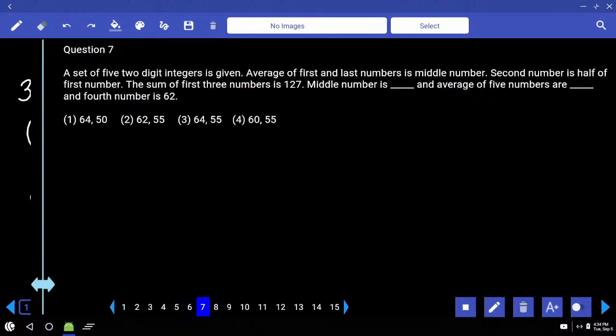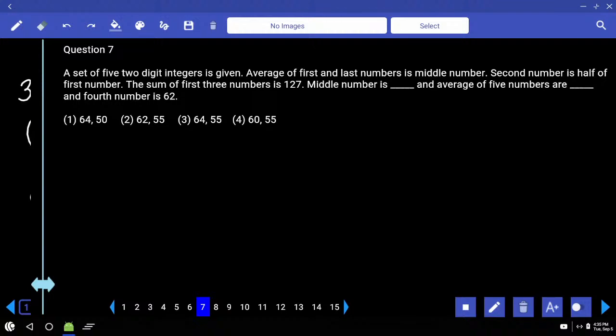A set of 5 2-digit integers is given. Average of the first and last numbers is the middle number, the second number is half of the first number, the sum of the first 3 numbers is 127, the middle number is question mark, the average of the 5 numbers is question mark, and the fourth number is 62.